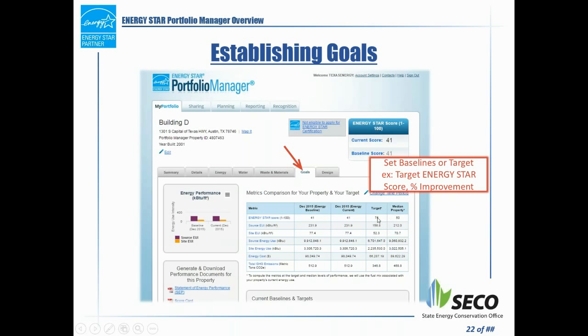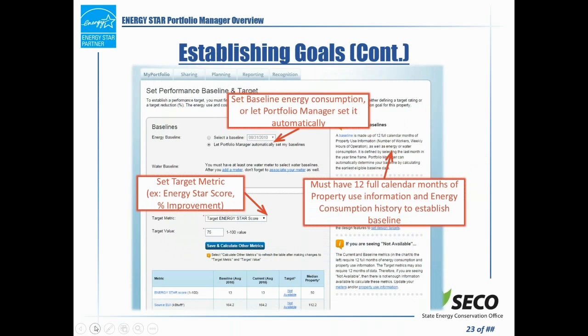Since my target was a 75, right now my EUI is 77.4. To get to my target, I'm going to need to drop that EUI down to 52.3. I'm going to need to save about $33,000 in energy costs. You can see that right here. So it'll show you what you need to do to achieve that.